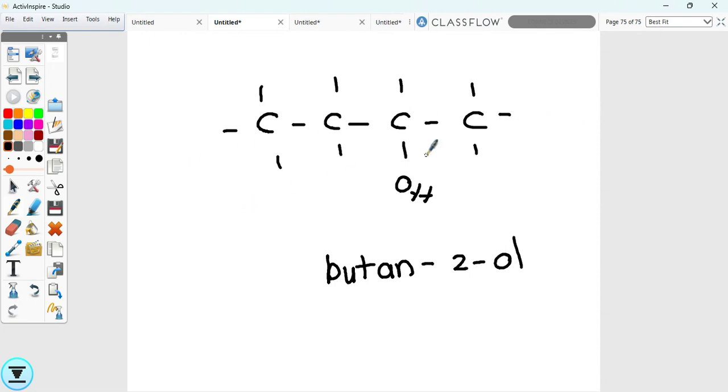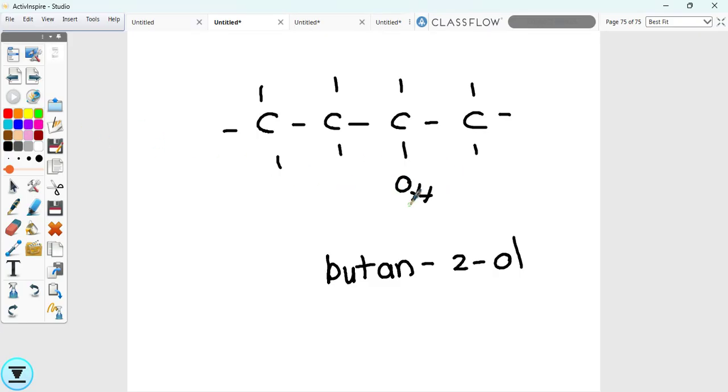Now, when you look for a positional isomer, it must still have the same number of carbons, same number of oxygen, same number of everything. But the position must move. So the easiest way to do that is to say, okay, the position was 2, so I'm going to move it. Where am I going to move it? To the left or the right?